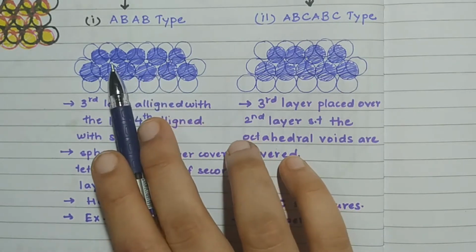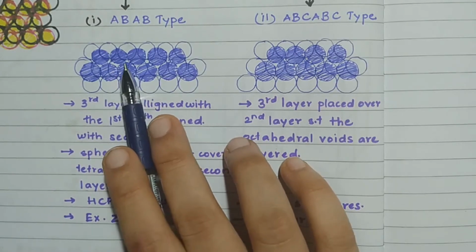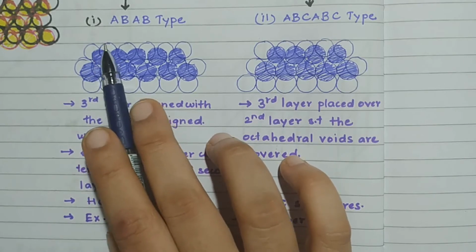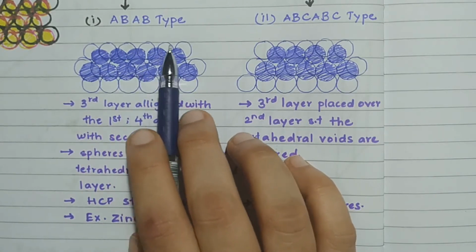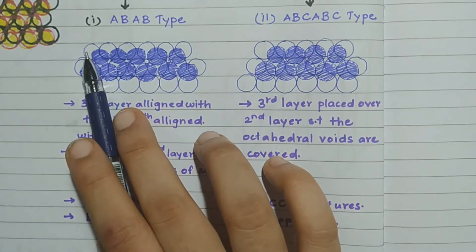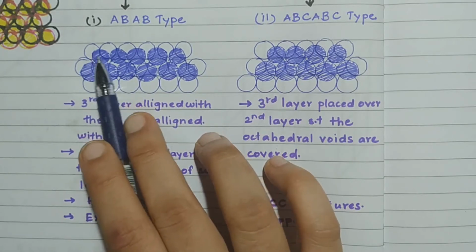I have purposely not shown the third layer because you might get confused. The third layer is placed above the first layer, so it is going to come exactly above the first layer. So you can imagine 1, 2 and 3 will be exactly on top of this.